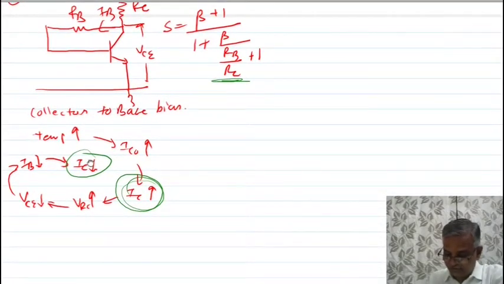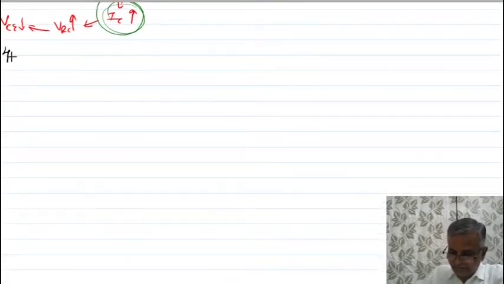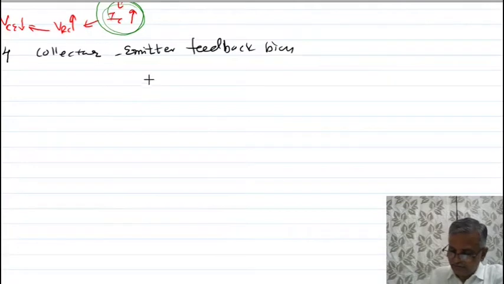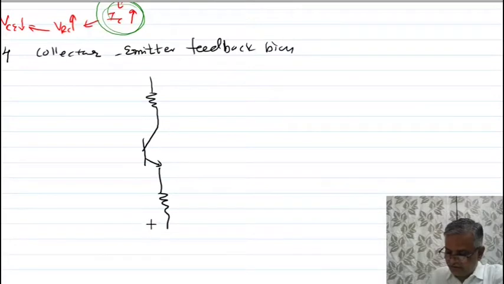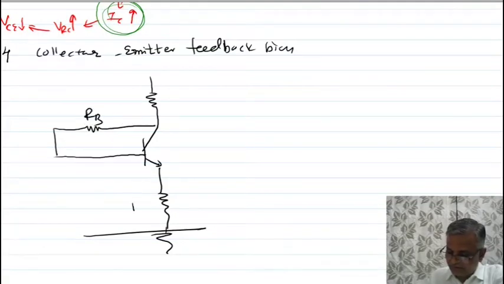Then the fourth circuit we have discussed, the collector emitter feedback bias circuit. This is your circuit diagram. It means you are using both types of feedback, collector feedback and emitter feedback.